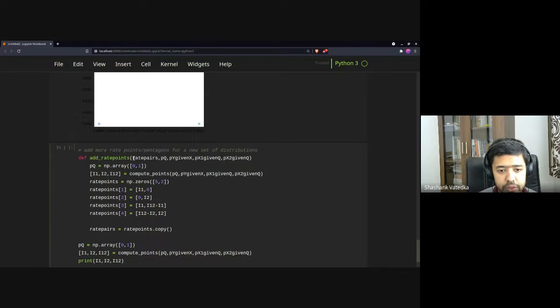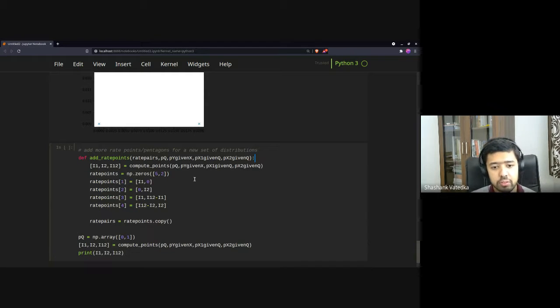So this rate pairs is some set of rate pairs that I've already computed, some corner points that I've already computed, and I'm going to add more and more corner points by varying PQ, and PX1 given Q and PX2 given Q. So this will compute this.